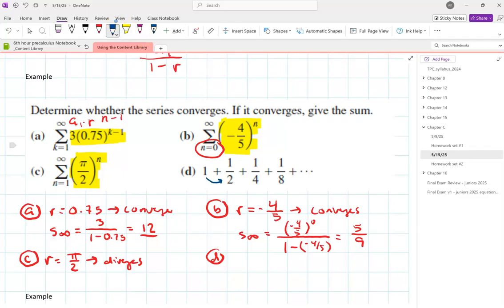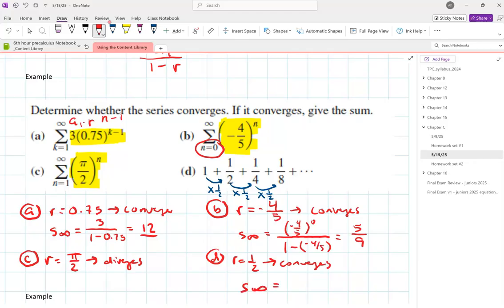If I look at the last one, they weren't so kind as to give it to me in sigma notation, so I had to find my own R. That's not too terribly difficult, though. I can see that it's 1/2. So I know we converge.